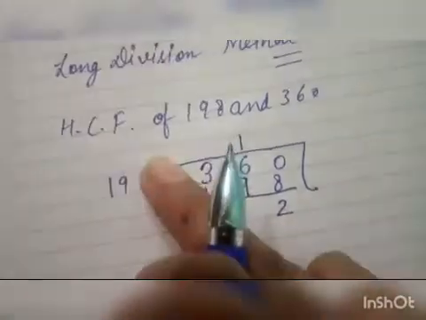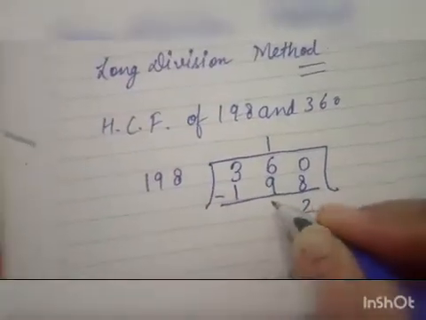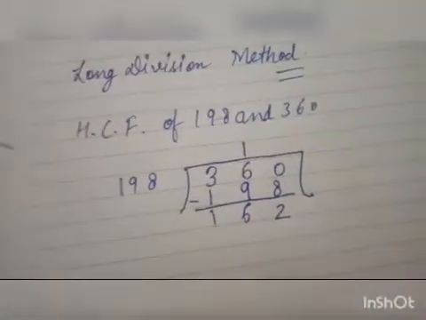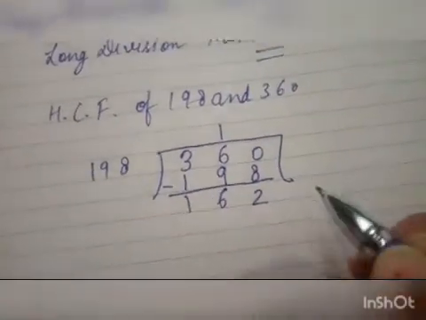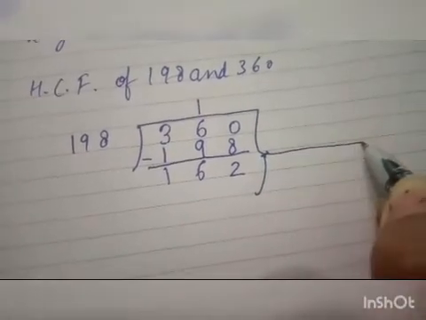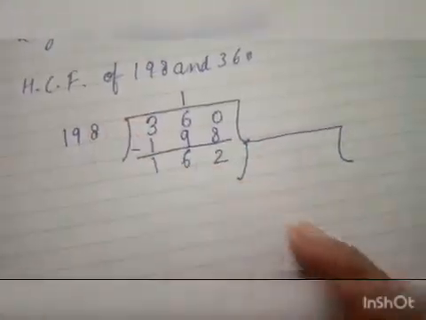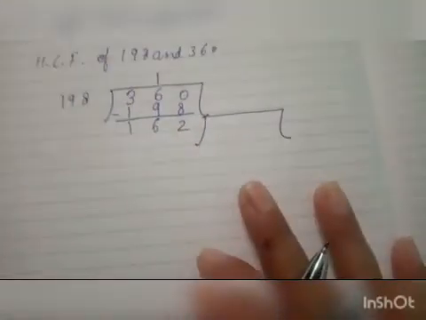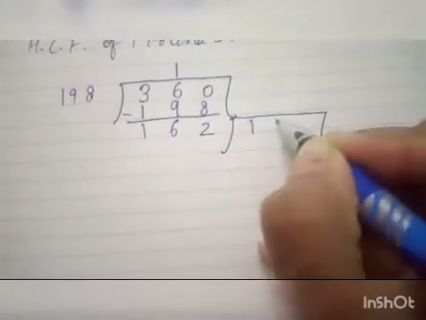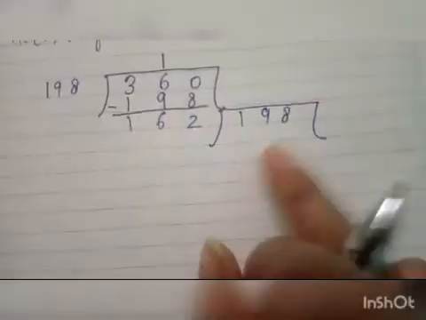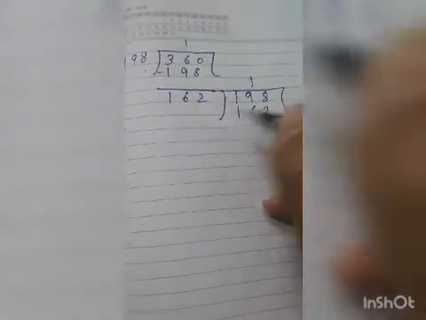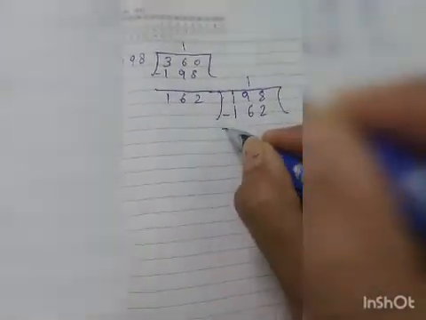Now it needs to do a division like this again. So in the table of 162 we have to check where 198 comes or something less than this. So we will keep this 198 here. 162 ones are 162, and then we will subtract it.